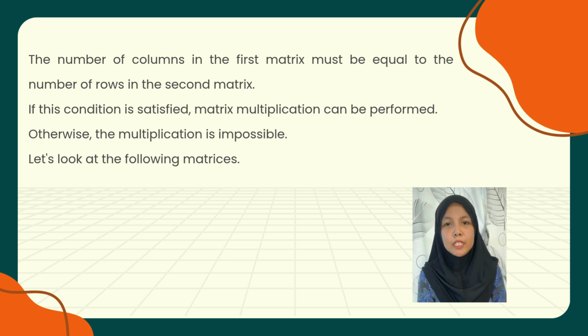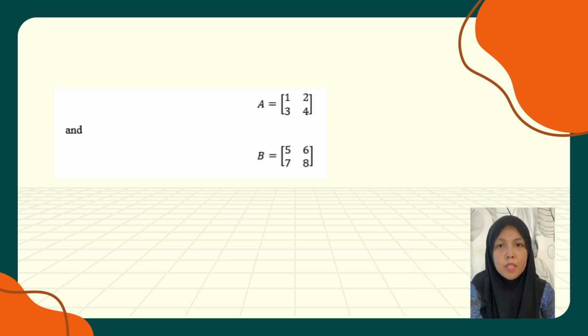Let's look at the following matrices. Matrix A equals 1, 2, 3, 4, and matrix B equals 5, 6, 7, 8. Matrix A has 2 rows and 2 columns. Its dimension is 2 by 2.